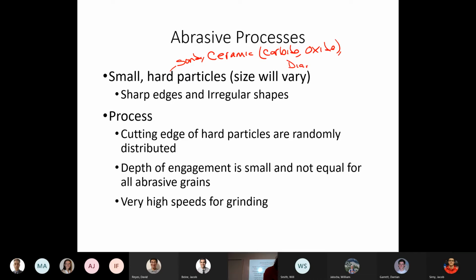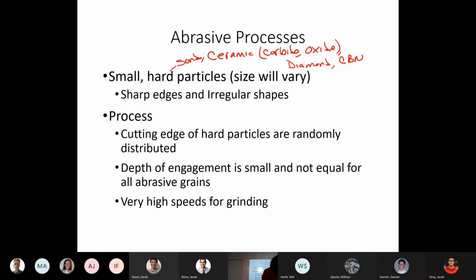Also, these could be diamond or cubic boron nitride. Generally, we're not going to see a metal. These tools are going to be more of our ceramic type materials, and a lot of times we may look at carbide.